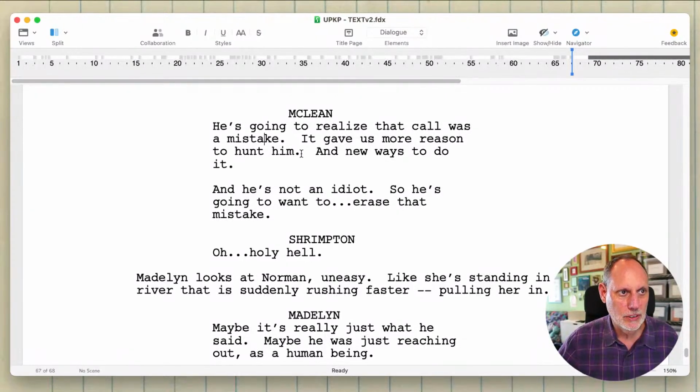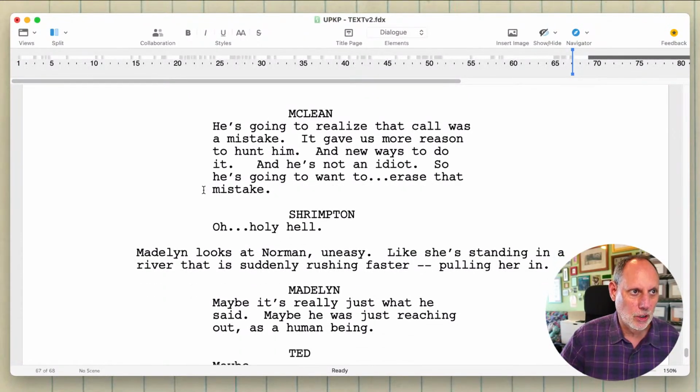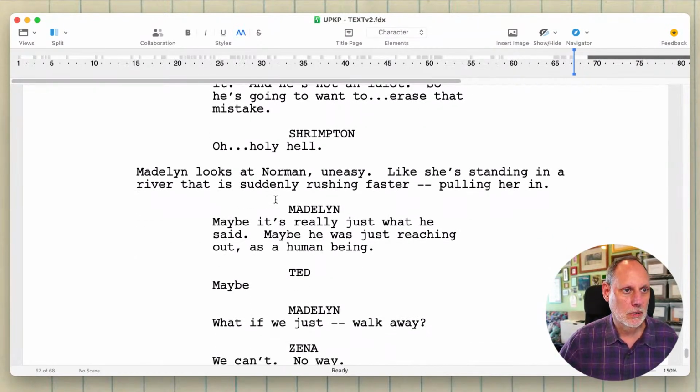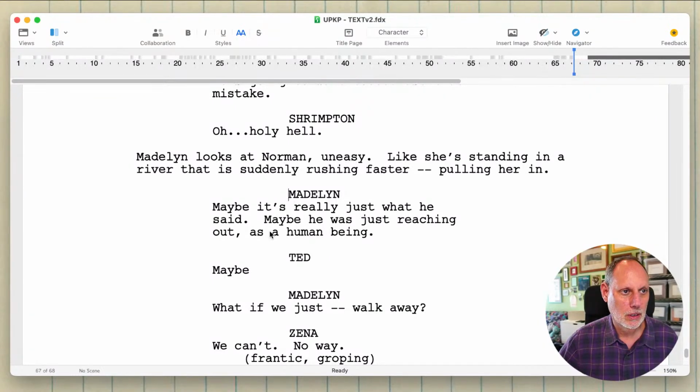It gave us more reason to hunt him and new ways to do it. And he's not an idiot. So he's going to want to erase that mistake. Okay. Oh, holy hell. Maybe. Maybe that's it, isn't it? Maybe.